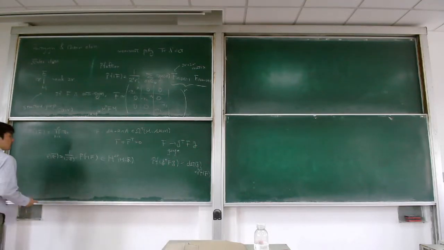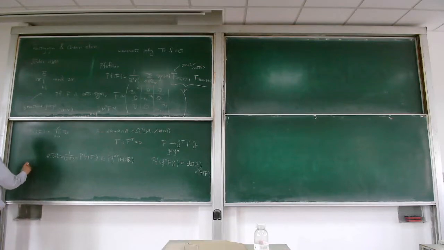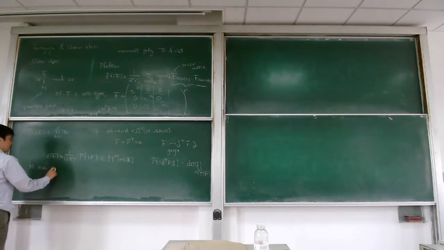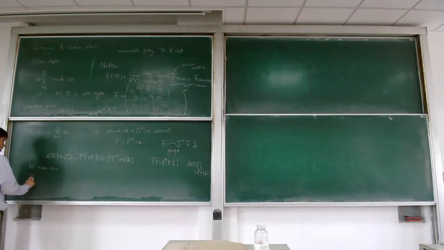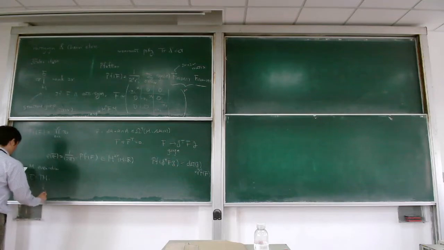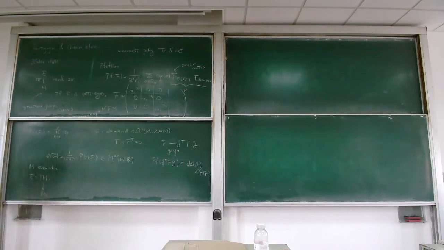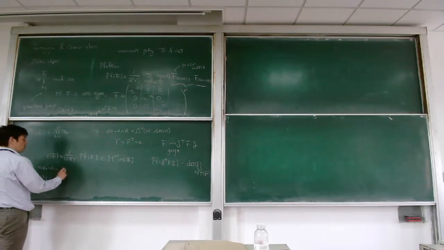In particular, if M is an even dimensional manifold, one can take E as the tangent bundle. So then, obviously, what is the rank of the tangent bundle in this case? Even dimensional, let's say 2R.